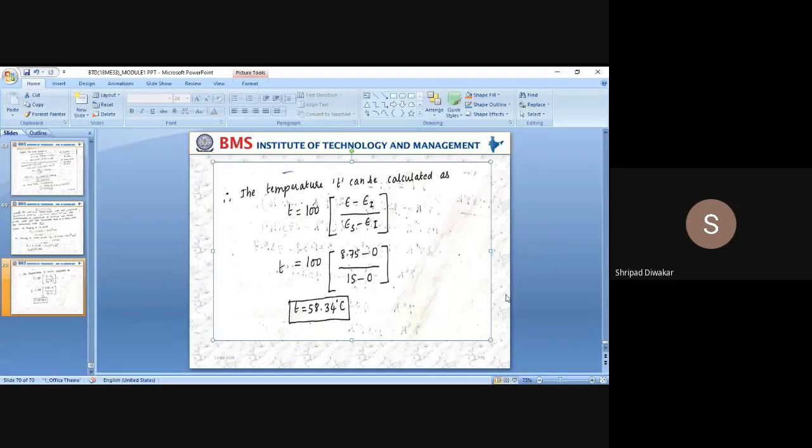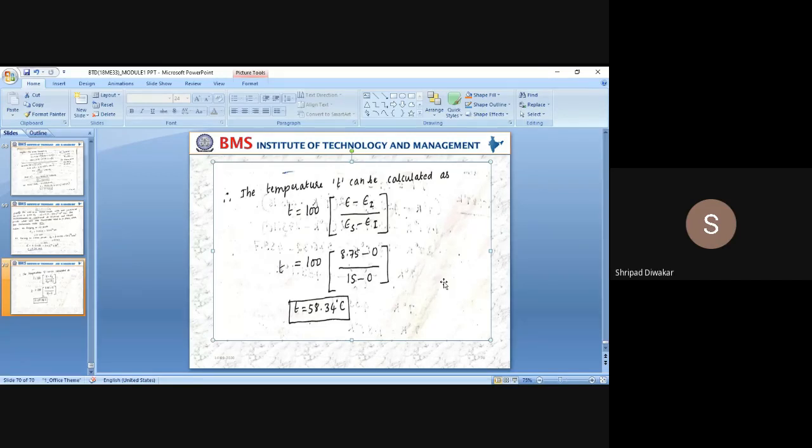Next we studied thermodynamic equilibrium, that is mechanical, electrical, chemical, and thermal equilibrium. Next we studied the quasi-static process or reversible process with illustration. Next we discussed cyclic and non-cyclic processes. Next we studied intensive properties, extensive properties, phase, homogeneous system and heterogeneous system with examples.